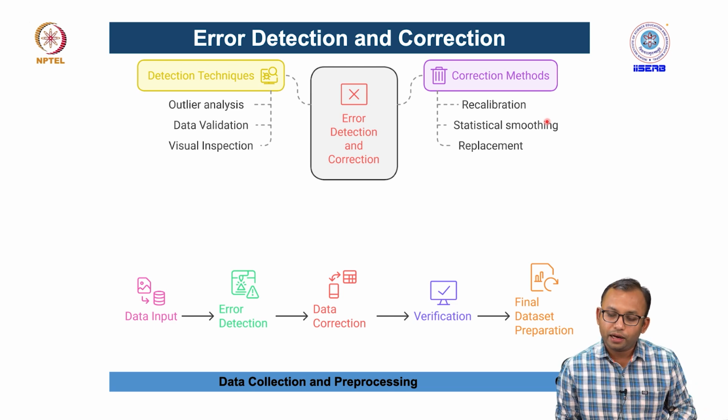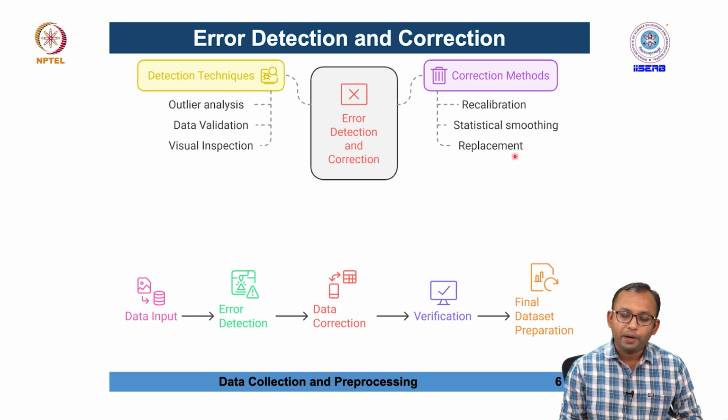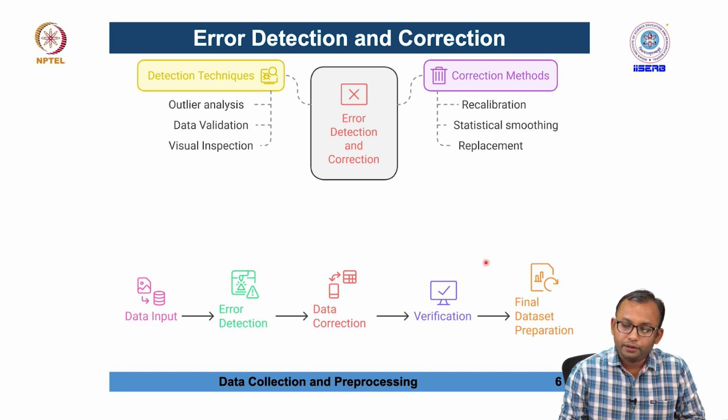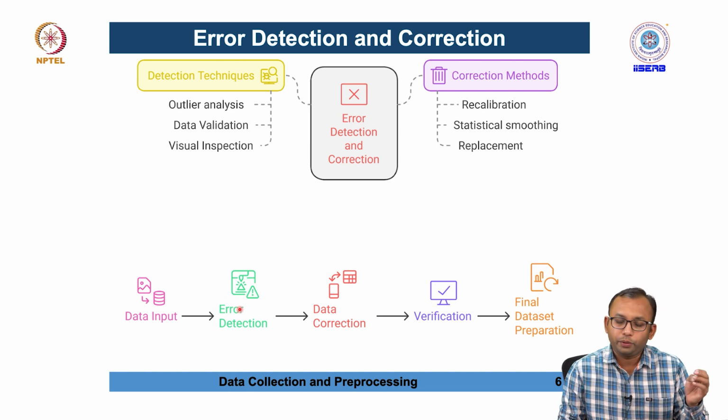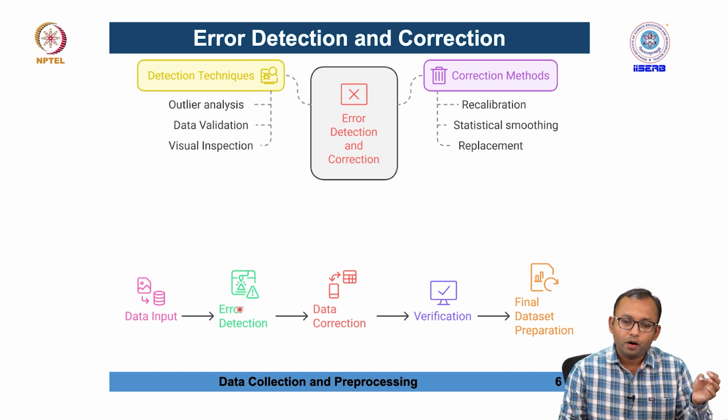We can smooth the values and remove the outliers, and then use that data set for multiple different purposes. So this is the flow chart which gives you an idea: we have some data input, we identify some sort of error, either an outlier error or missing data error, or some difference in the behavior of the time series data set.